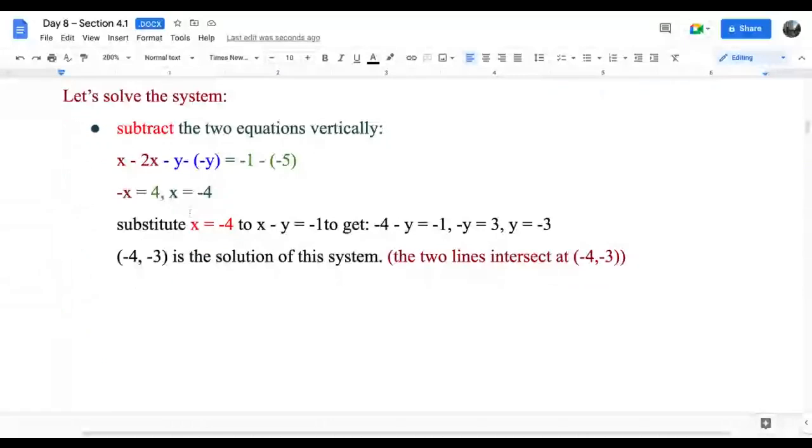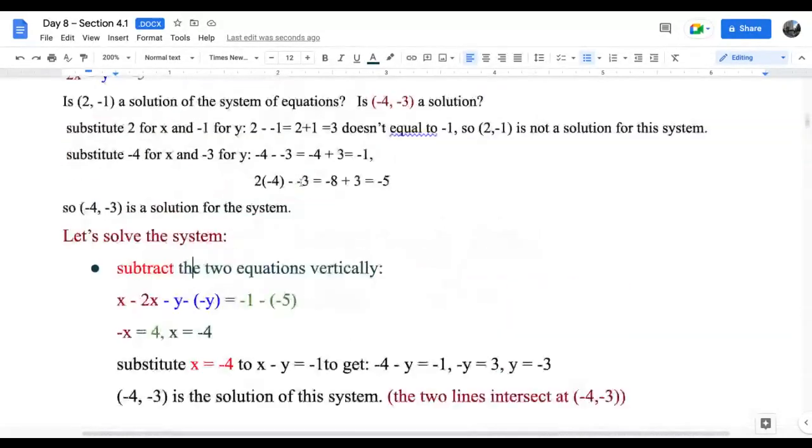Most of the time, we're not going to check if this point is a solution or if that point is a solution. We want to solve for the system. We have a couple of ways to solve it. So let's see, this is one way. This is saying subtract the two equations vertically, right?